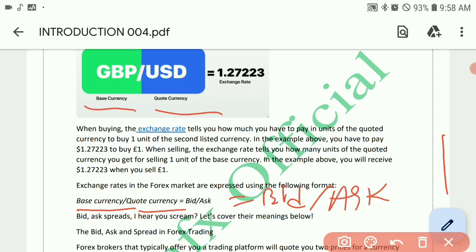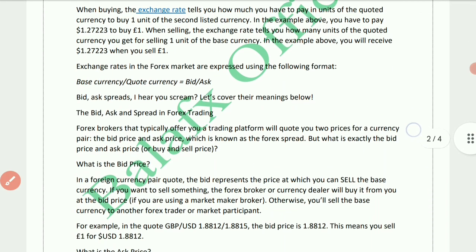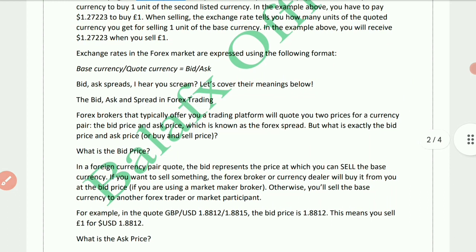So you can replace base currency with bid and quoted currency with ask price, so that the terminology is easier for people to understand, and the spread. Bid, ask.